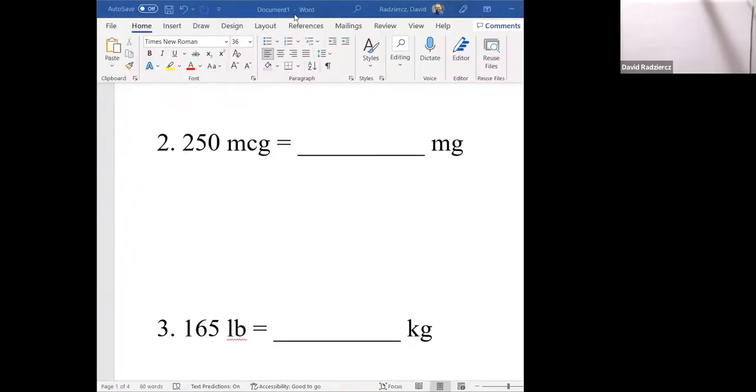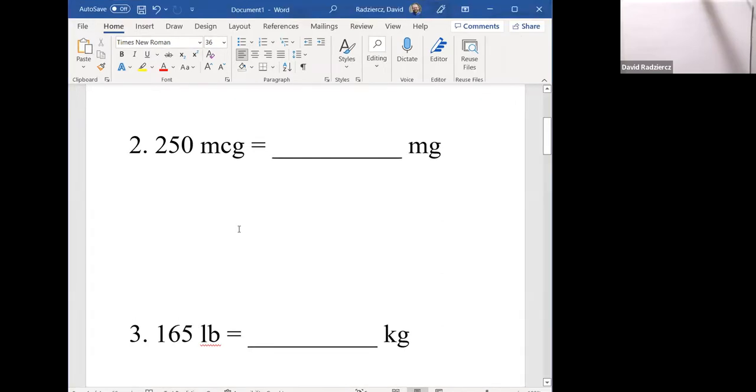All right, the next question was just another unit conversion question here, and I'm just going to write down the next two. So 250 micrograms is how many milligrams?